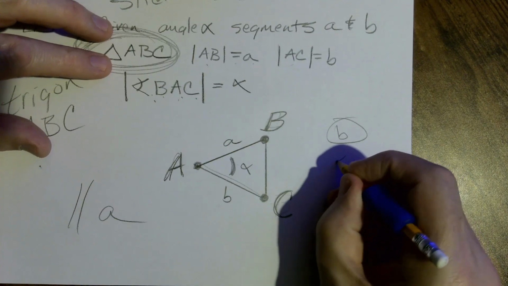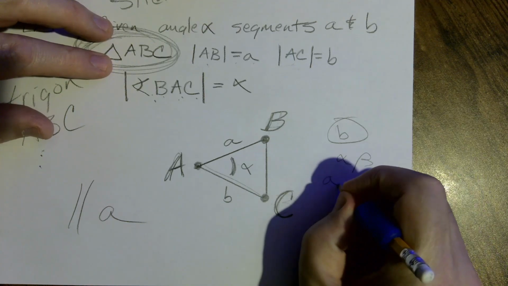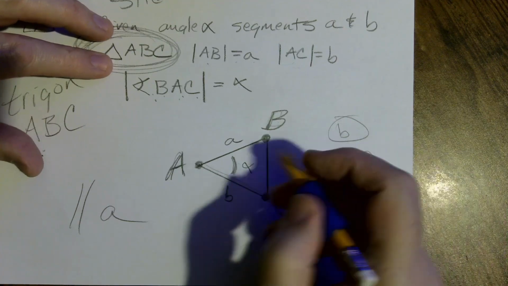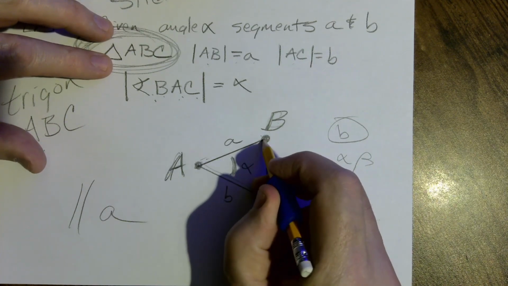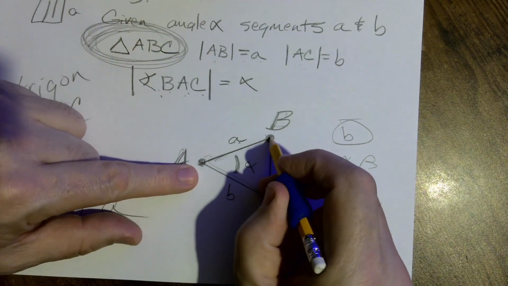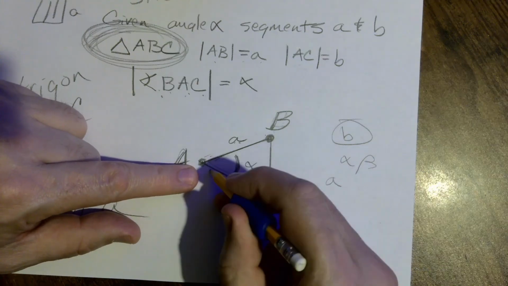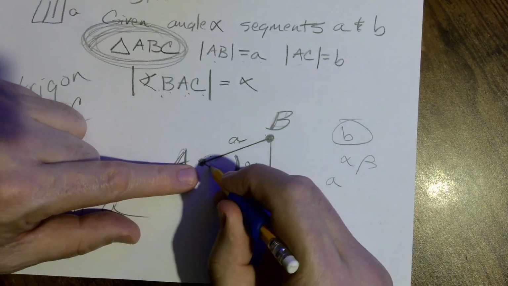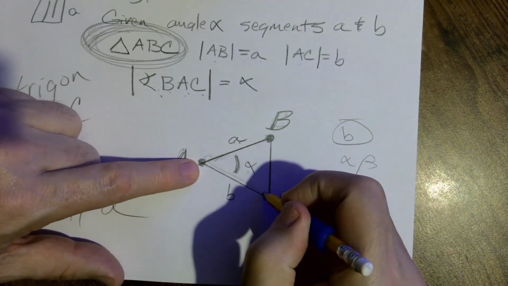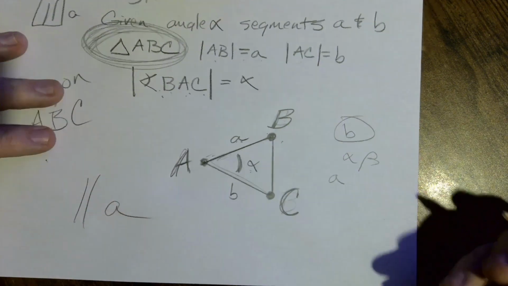So we're given alpha and beta and a segment A, and it wants ABC, in which AB is equal to A. So we have that in this trigon. And it wants angle CAB to be alpha, and it wants angle ABC to be beta.